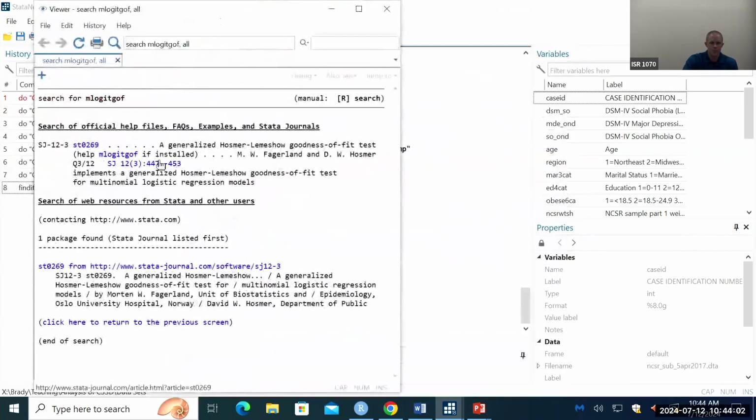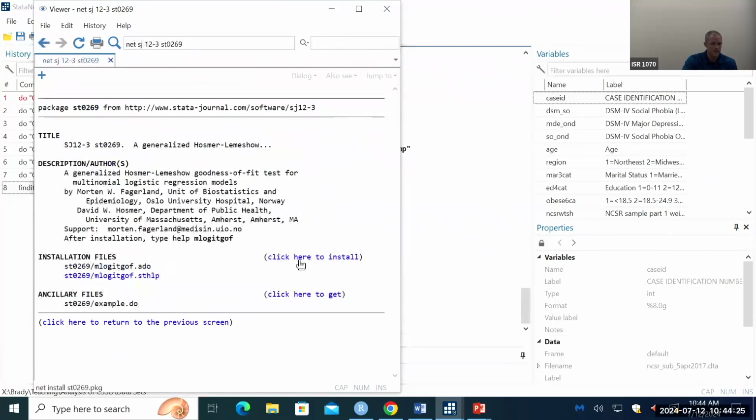And that's going to bring up whatever Stata help files are associated with that user written command. So we see that this command was actually provided as part of a Stata journal article by Fagerland and Hosmer. And they've provided a link to the code that will carry out this goodness of fit test. If I follow that link, then it says, click here to install, because it's a user written command.